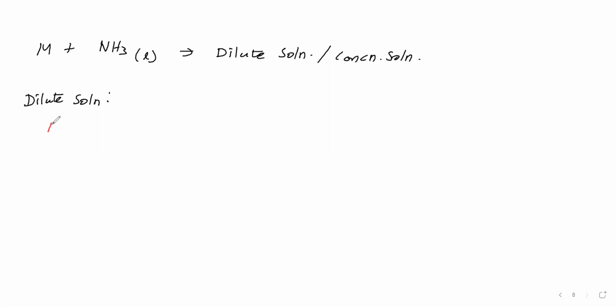Now the alkali metal will give an electron and become an alkali metal ion. This alkali metal ion forms a complex with ammonia like this. This plus charge is for M. Then the electron also forms a complex with ammonia, which we write like this.